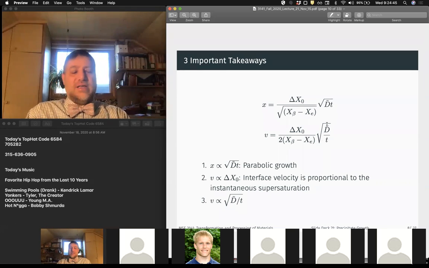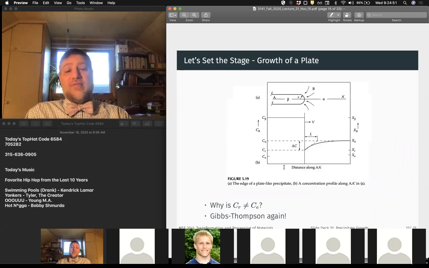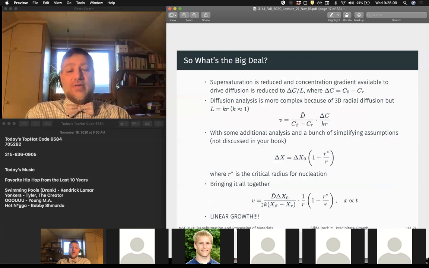So our growth rate decreases with time. For the lengthening of plates and needles, we have to consider the Gibbs-Thomson effect at the tip, which will tend to actually lower our supersaturation, but then we have 3D diffusion, right? We can diffuse in from all directions at this tip, and we end up with linear growth, so our growth rate is going to be constant with time.